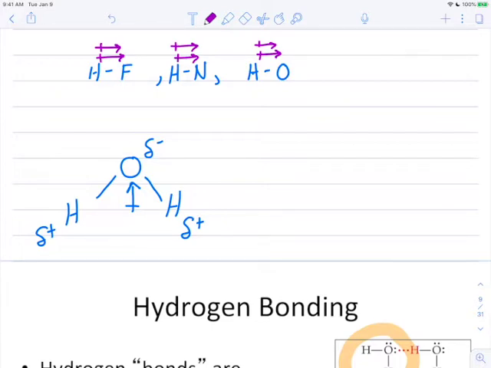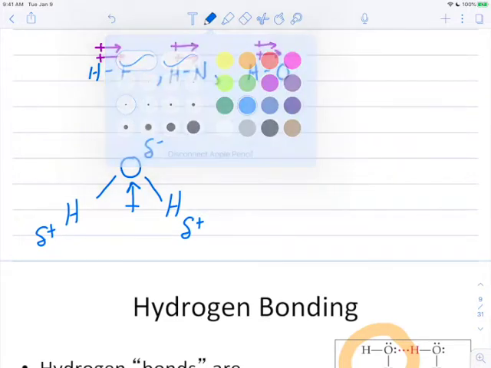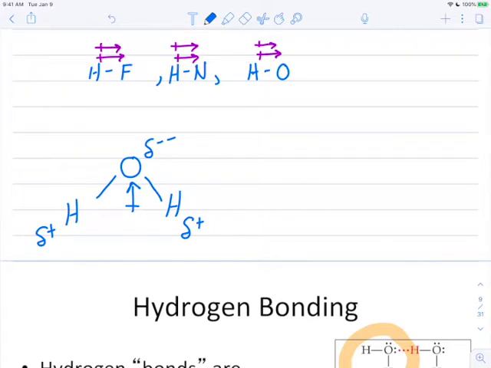And so I like to think of hydrogen bonds as dipole-dipoles on steroids. They do everything the dipole-dipole does, but they do it better because there's a greater charge separation. So the way I like to write these is with 2 negatives and 2 positives here.